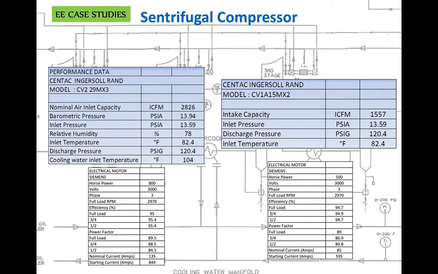This is equal to 800 horsepower, equivalent to about 600 something kilowatts. And the electrical motor 2 that drives compressor 2 has a nominal current of 85 amperes, equivalent to 500 horsepower.